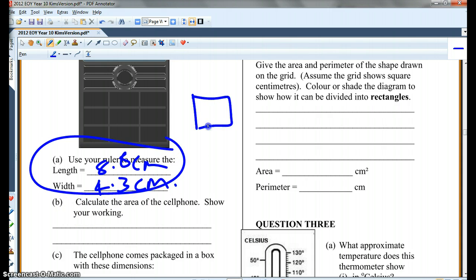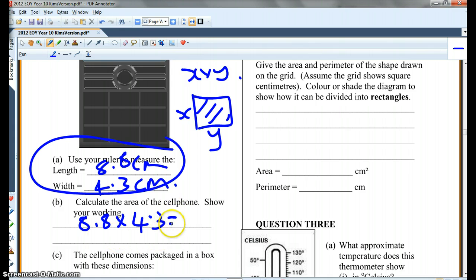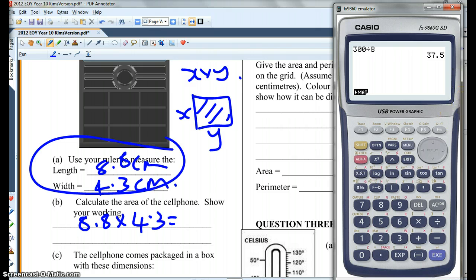So area is, if you've got x and y, x times y to get the shaded area. So we've got 8.8 times 4.3, which equals, grab the calculator and go 8.8 times 4.3, we get 37.84.